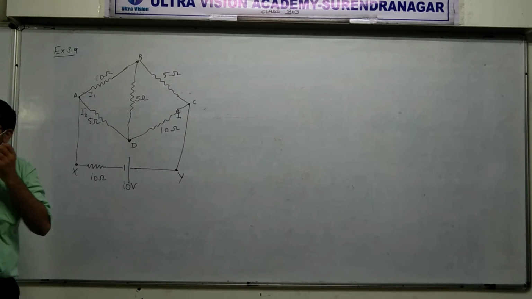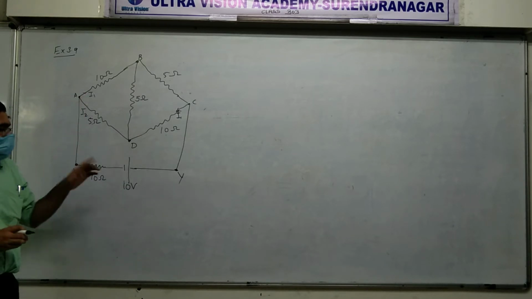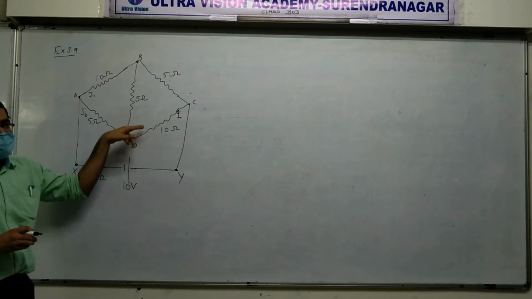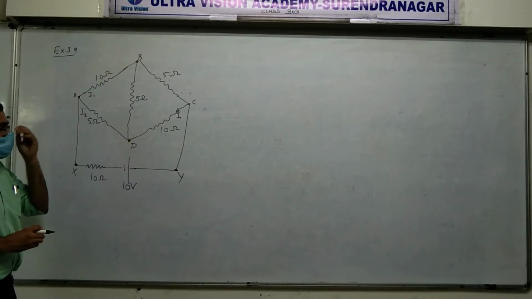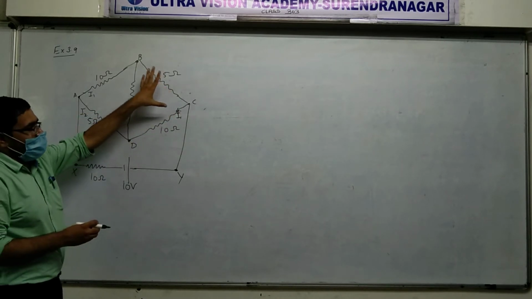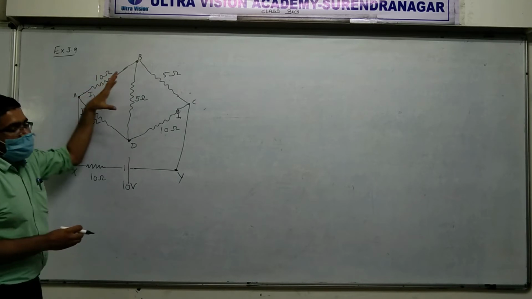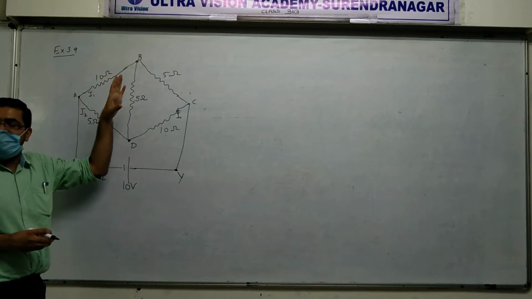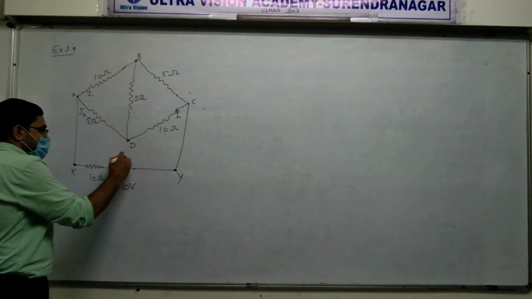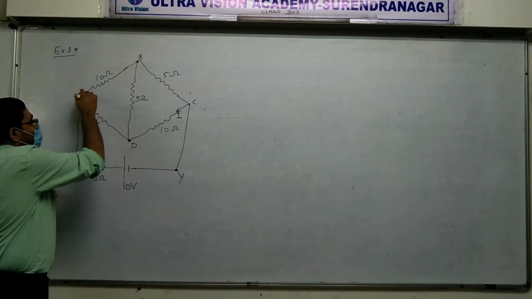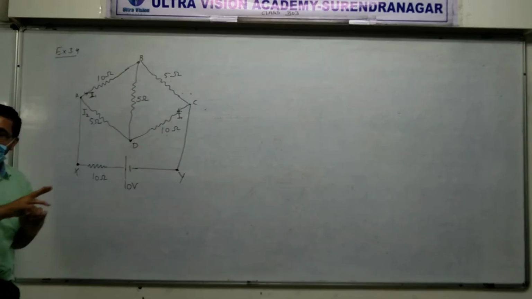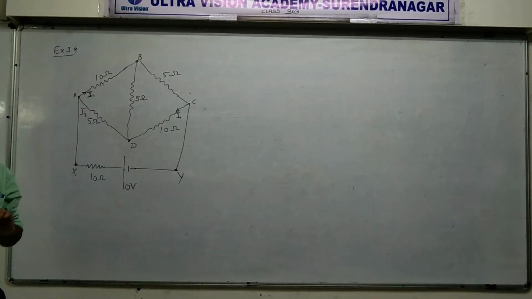Correct or not? Yes. Or not clear? If the battery would have been this way, I1 would flow here. If the battery would have been this way, the I1 would flow from here. But again, like you all said, the circuit is symmetric. Here it splits into 5 and 10, and similarly here also it splits into 5 and 10. That is why even when the battery is like this, current over here is I1, then by reversing the battery, the only thing that gets reversed is the current direction.